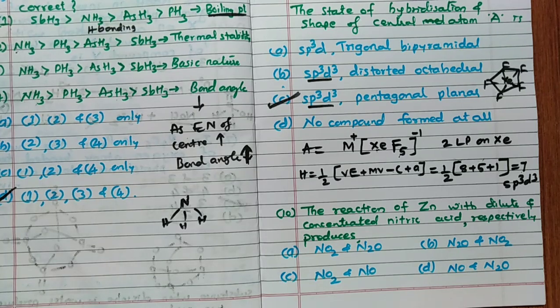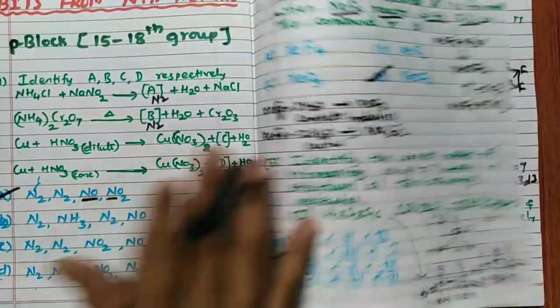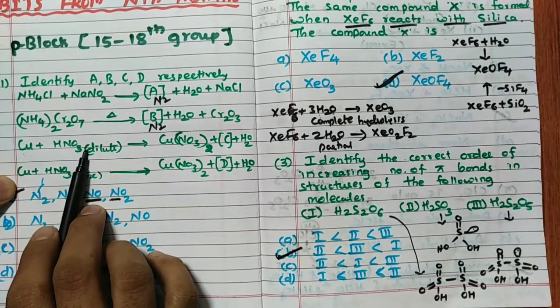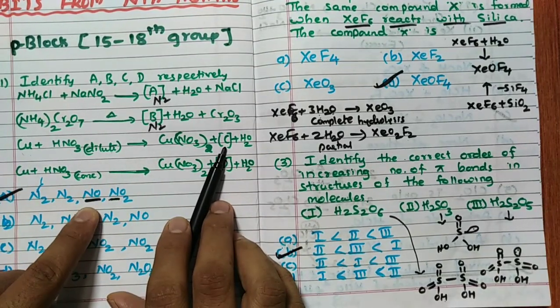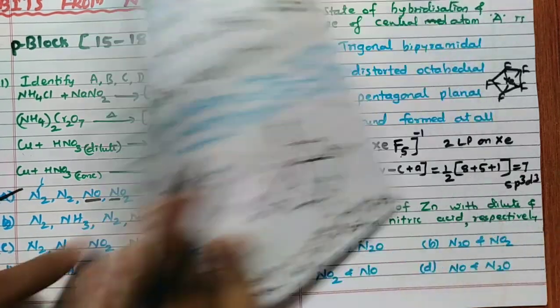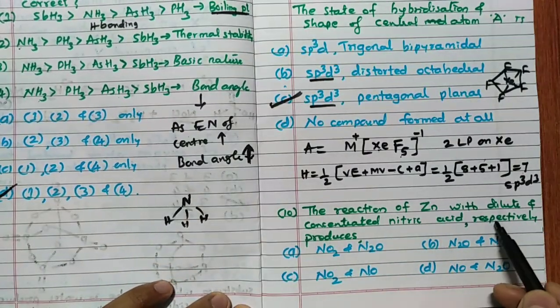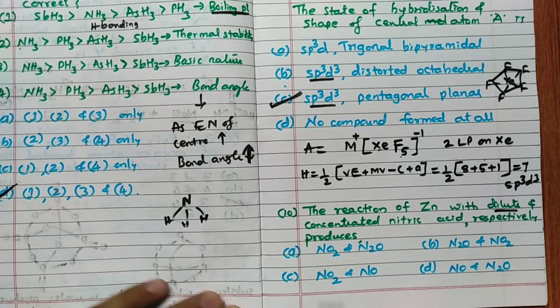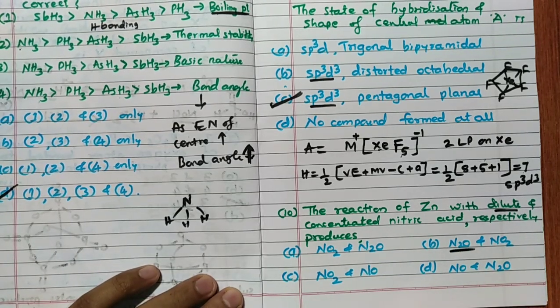Reaction of zinc with dilute and concentrated nitric acid respectively produces. Very important question. Remember one thing here. Copper with dilute HNO3 gives NO. Concentrated HNO3, it is NO2. Remember this. Here, zinc with dilute HNO3, remember N2O.